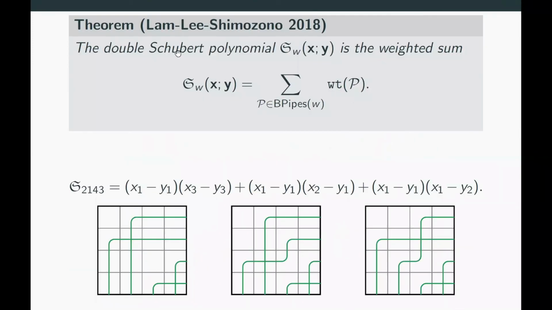And so the theorem of Lam, Lee, and Shimozono is that the double Schubert polynomial can be expressed as a weighted sum over Bumpless pipe dreams. So here the weighting is happening now not by looking at crossing tiles, but looking at blank tiles.